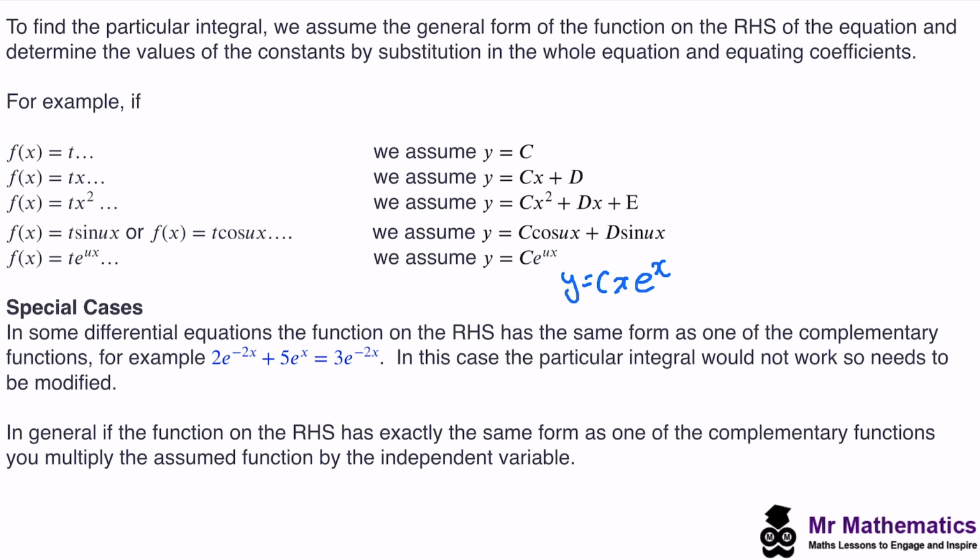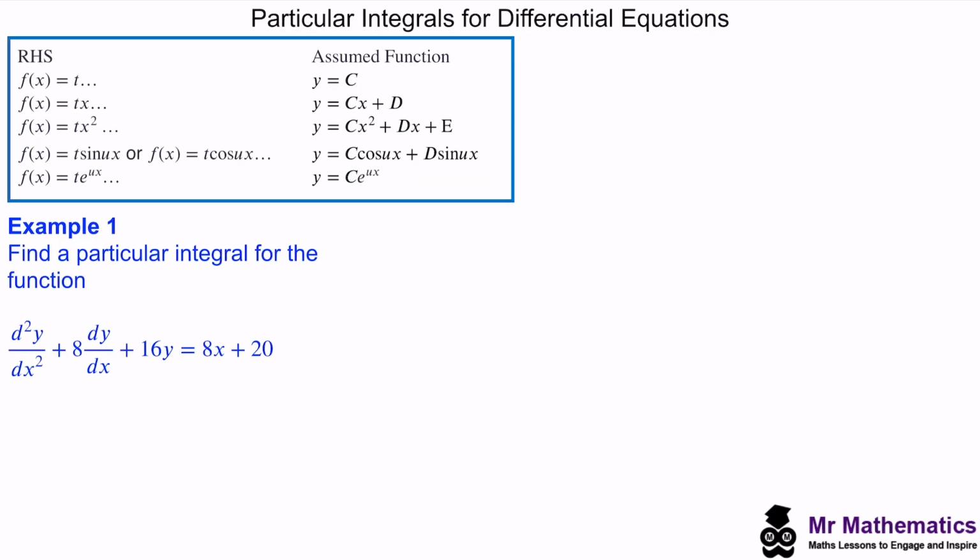Okay, so like I said, this will make a lot more sense as we work through an example. And in example 1, we've been asked to find a particular integral for this function. So you can see on the right-hand side, we have a linear term. So we need to assume this function here. So we'll say, let y equal cx plus d.